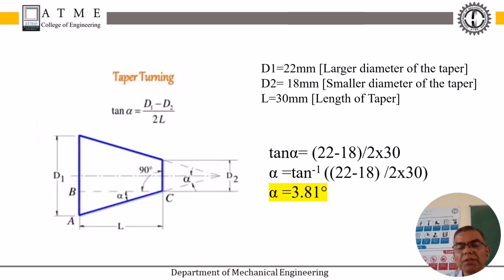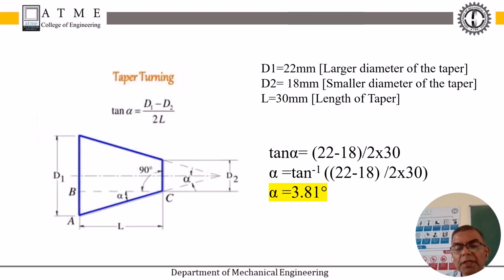So tan alpha is equal to (22 minus 18) divided by (2 into 30), where the taper length is 30 millimeter. Then alpha is equal to tan inverse of (22 minus 18) divided by (2 into 30). The value of alpha comes out to 3.81 degrees. Now we need to swivel the compound rest to the value of alpha.